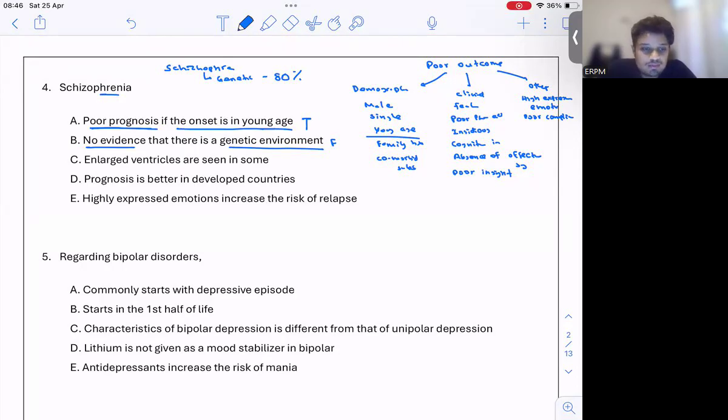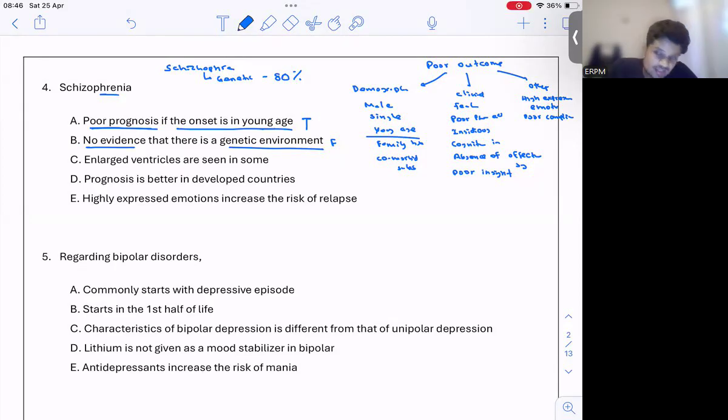For example, obstetric complications like hypoxia at birth. Then substance use, cannabis use especially, right? Then migration. So likewise, both these genetic factors and environmental factors can contribute to schizophrenia. Okay?